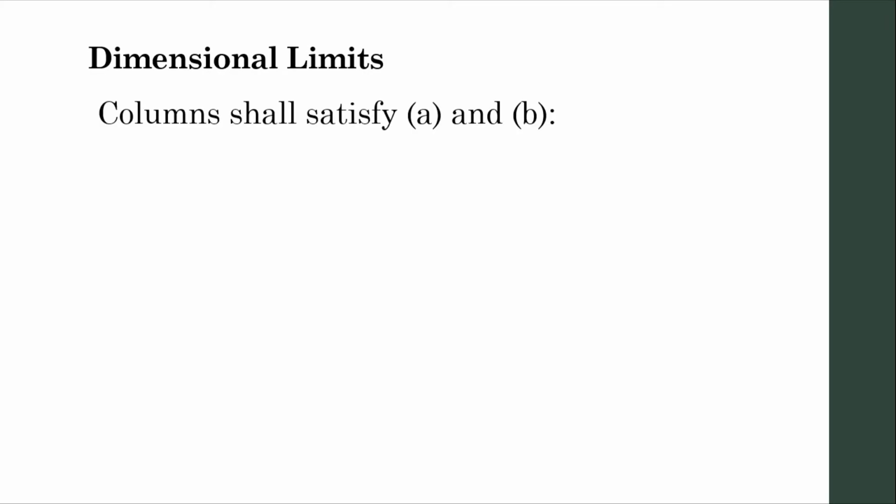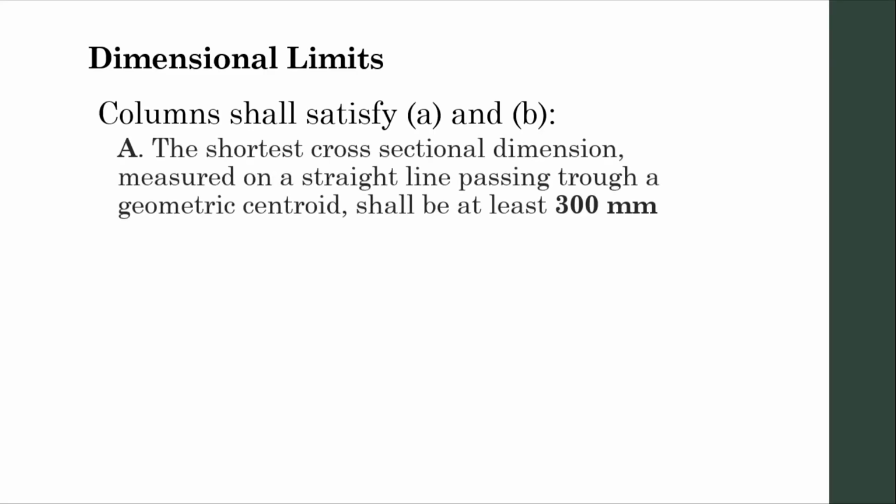So, let's start. So, meron tayong dimensional limits. So, columns shall satisfy A and B. The shortest cross-sectional dimension measured on a straight line passing through a geometric centroid shall be at least 300 mm.